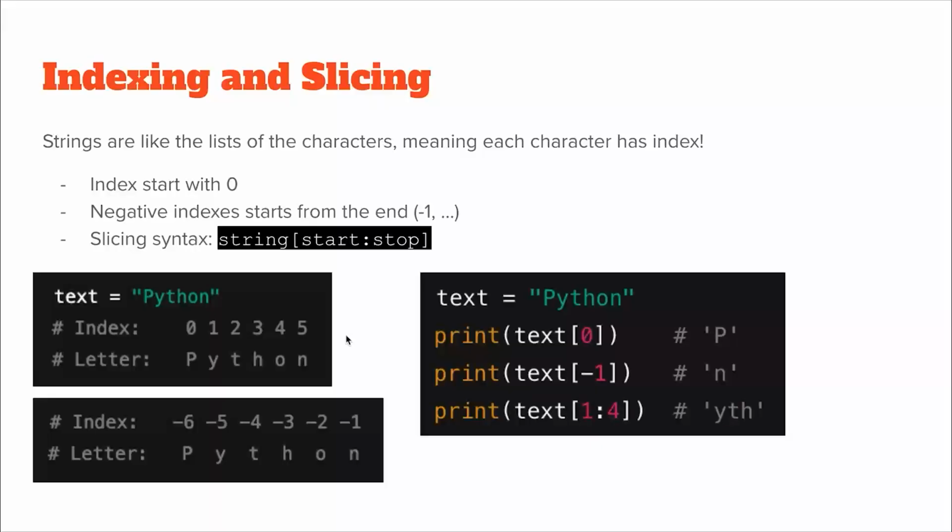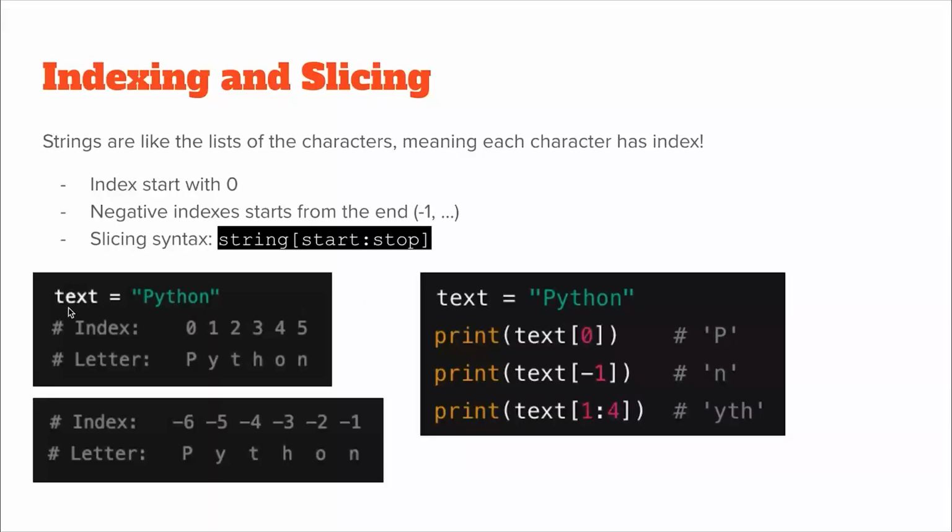Since a string is a sequence of characters, each character has an index. Going from the left, the index starts with 0, or we also have a negative index starting from the end. Also, we can slice the string for a subsequence using some syntax.